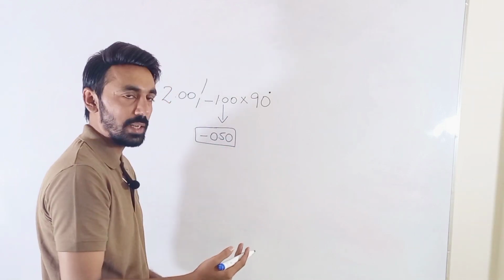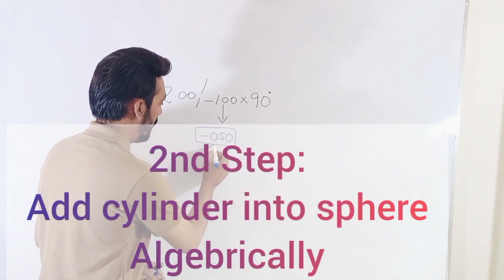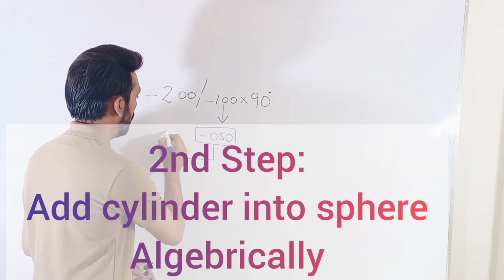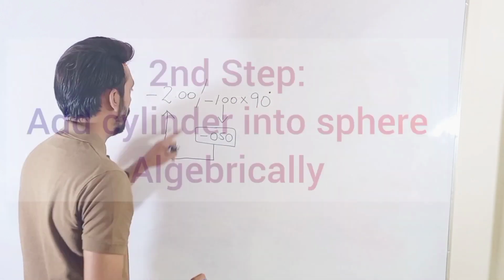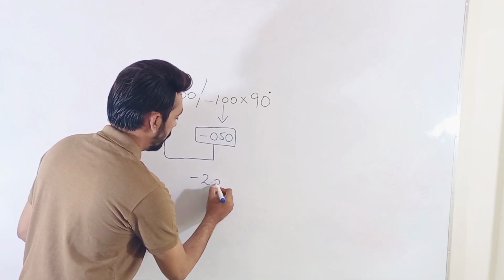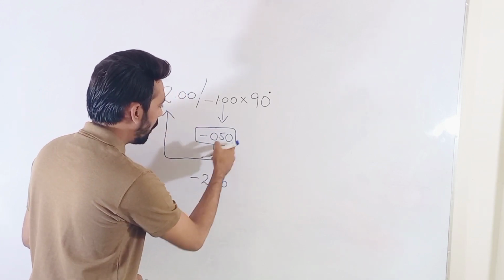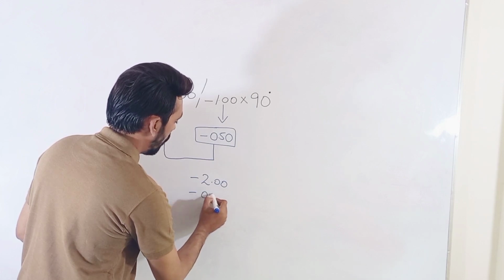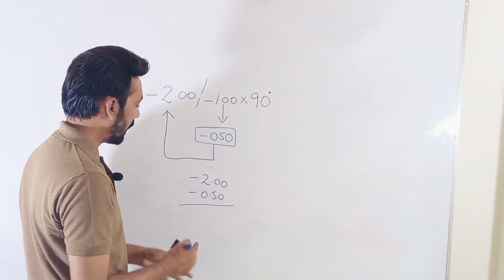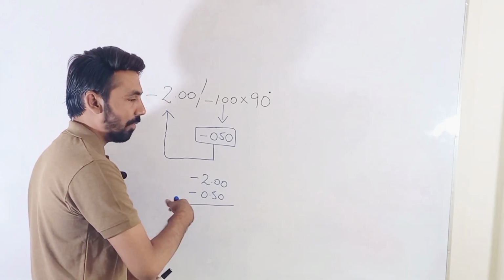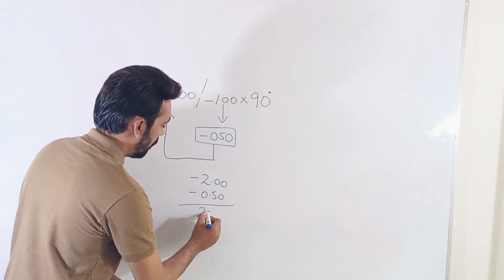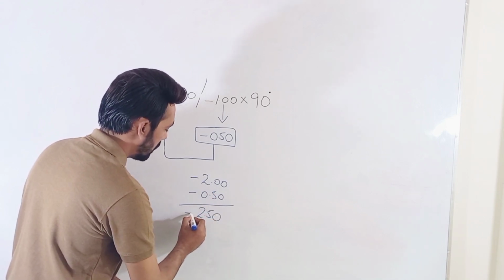And now what is the next step? The next step is we will simply algebraically add this half of the cylinder to our spherical correction, which is -2. What is half of our cylinder? -0.50. We will add both of them algebraically, and you know that minus and minus give the effect of plus, so it would be 2.5, and the sign would be minus.